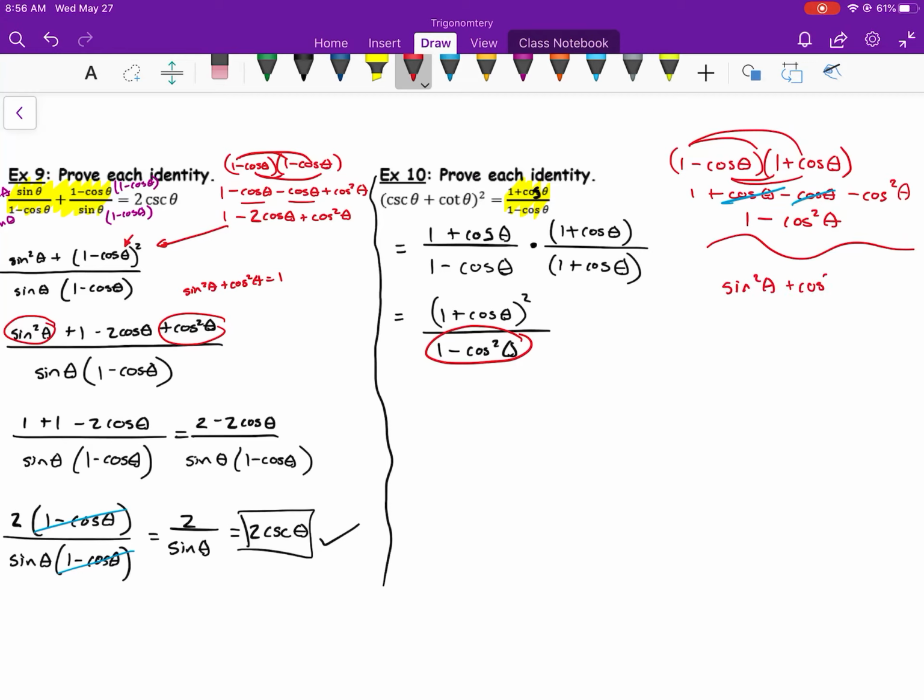Sine squared theta plus cosine squared theta equals 1. Pull that over. You get sine squared theta is 1 minus cosine squared theta. So you get 1 plus cosine theta, quantity squared over sine squared theta.